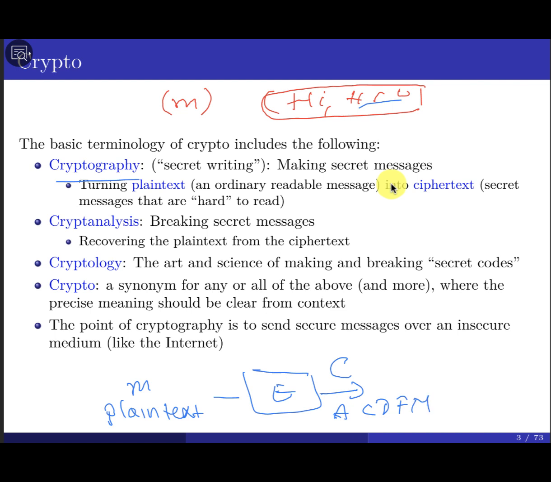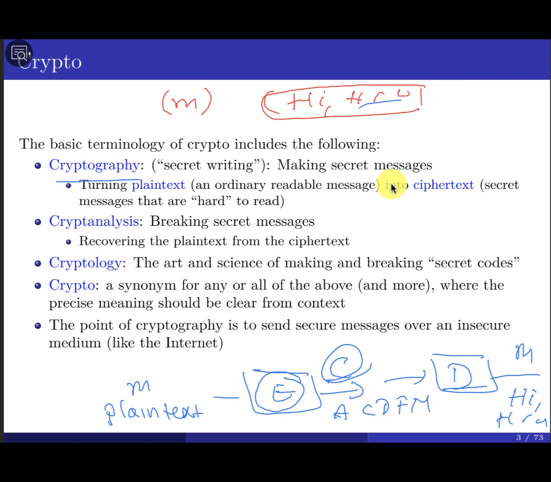Then once you receive the message on the other side, I send the ciphertext and I reverse the operation. In other words, whatever I did here, I reverse the steps in order to recreate the original message from the ciphertext. So here it may be "hi, how are you?" and you're able to get the message.